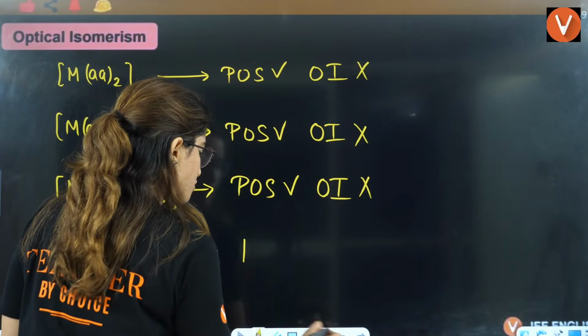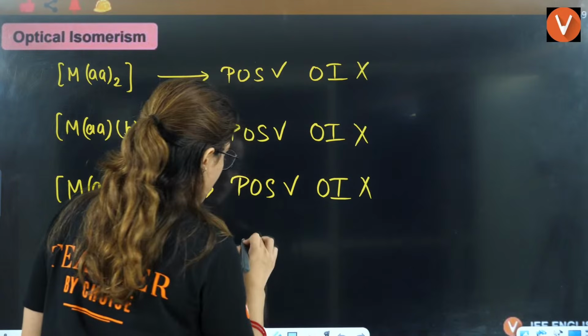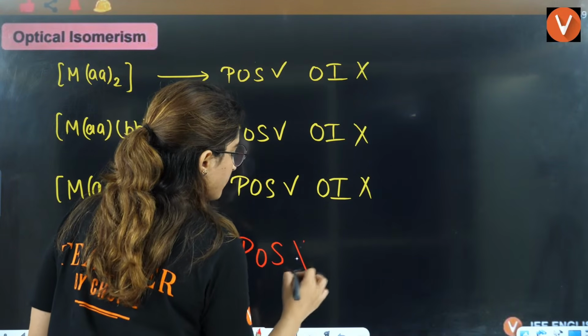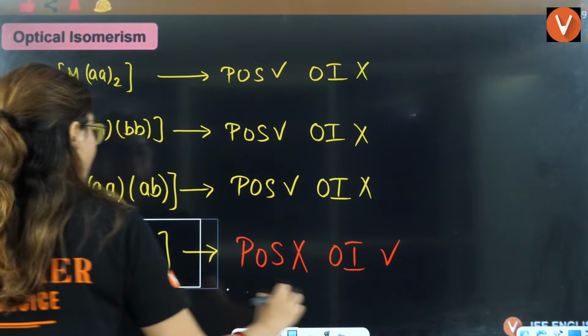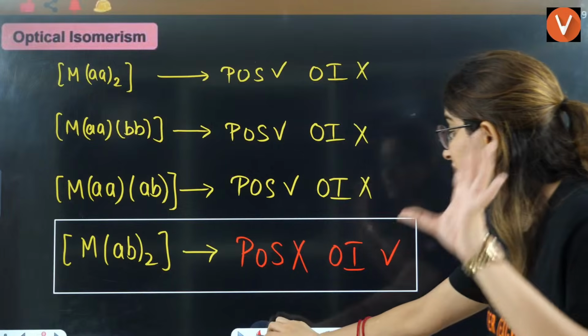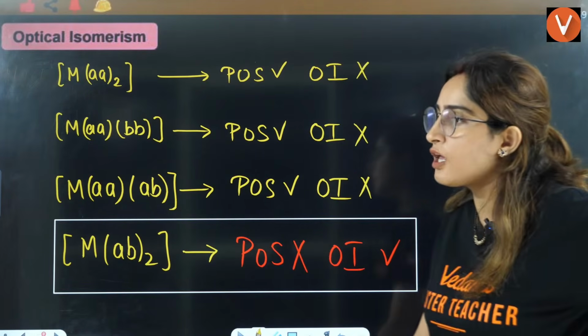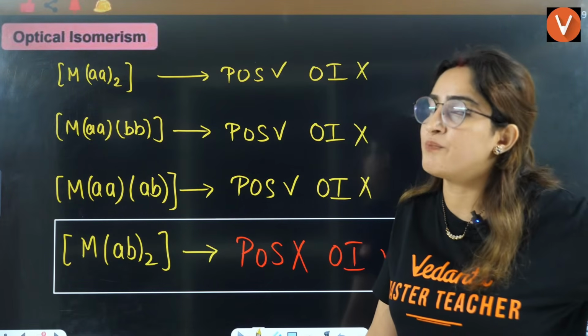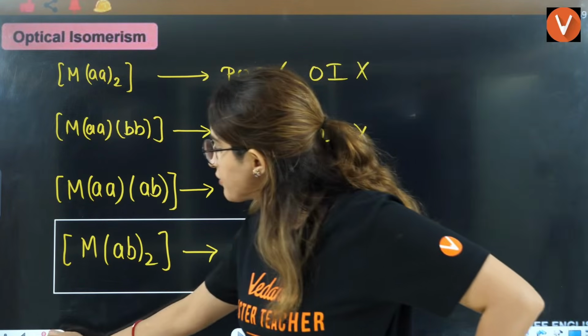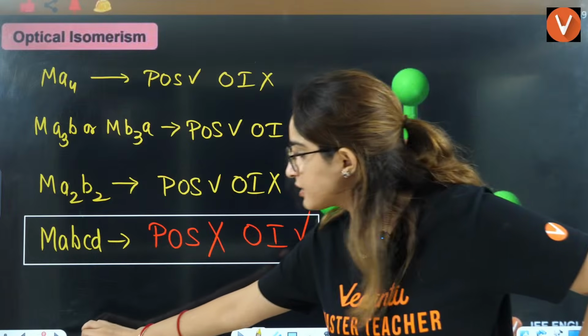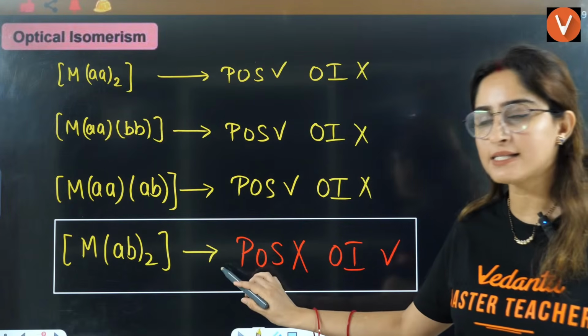In fact, you should write it with a different pen, because here you have found that POS is not present, so optical isomerism exists. Till now, this is the second case where we have seen optical isomerism present in tetrahedral complexes. So this was the first one and this was the second case, right?